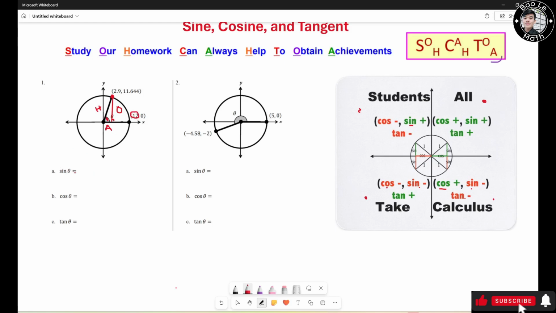Right, so sine theta is going to be opposite over hypotenuse, right? So opposite, which means the y value of this point right here, right? So this is the y value, and this is the s value, right? Opposite, which means the y value is going to be 11.644 divided by hypotenuse, which means 12, right?